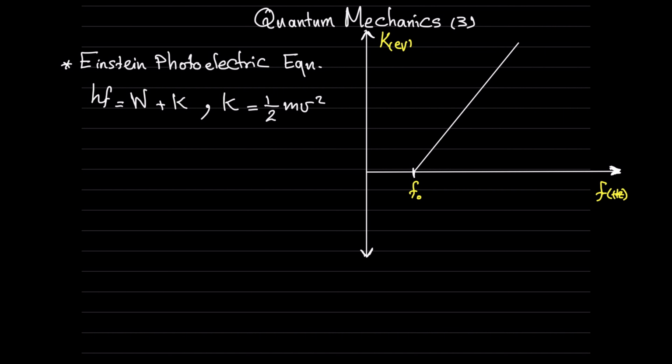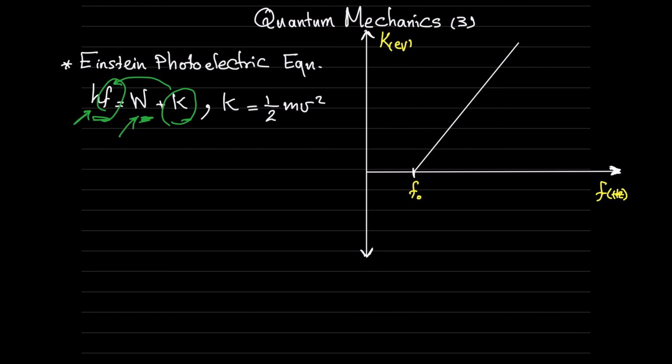Today we are still addressing Einstein's photoelectric equation, which states that the energy of the incident photon, hf, equals the work function plus the kinetic energy of the released electron. Actually, this equation implies that there is a direct proportionality or linear dependence of the kinetic energy on the frequency of the incident photon, because the Planck's constant and the work function of the metal of interest are both constants.